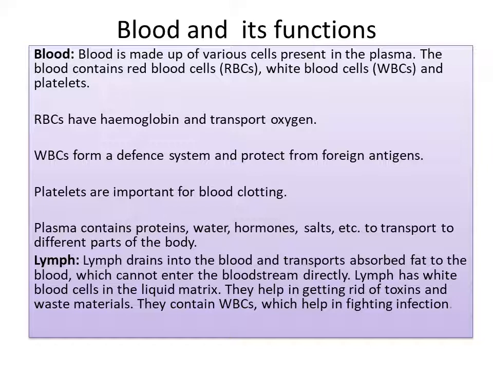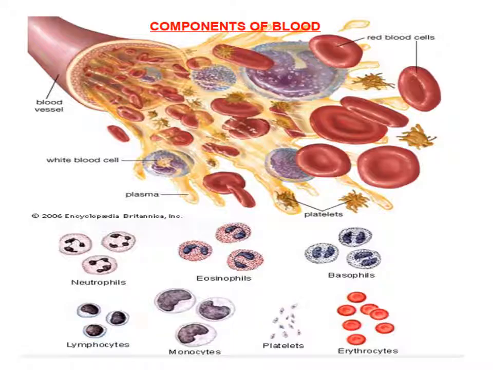So you can say that lymph is something similar to the blood but without RBCs. It helps in getting rid of the toxins and waste materials from the body. They contain WBCs, so they also help in fighting infection. This is all about fluid connective tissue.